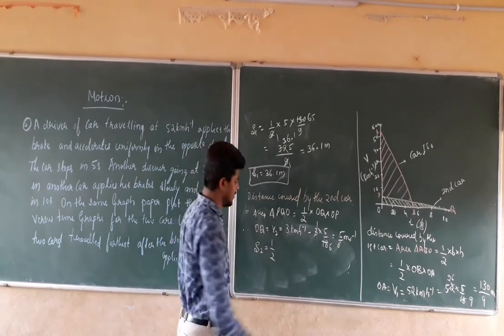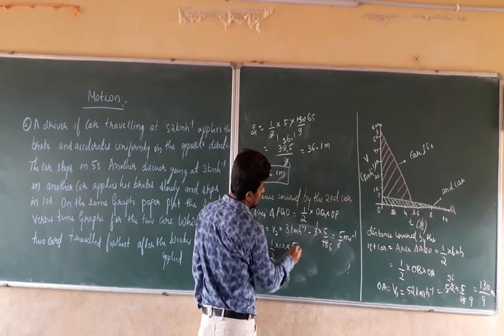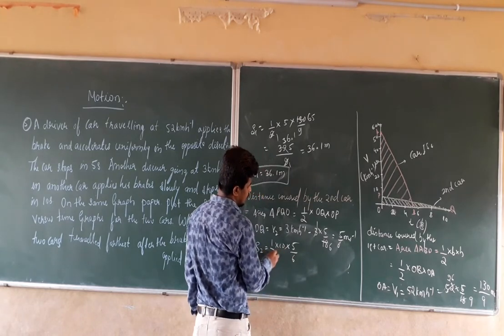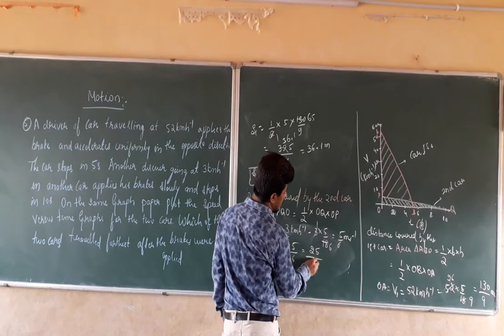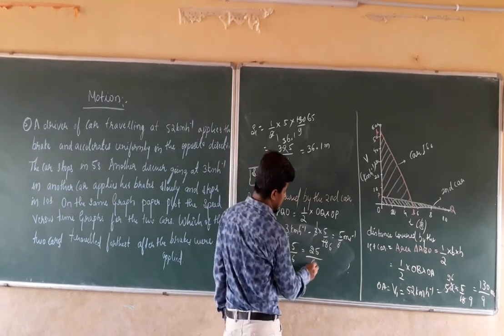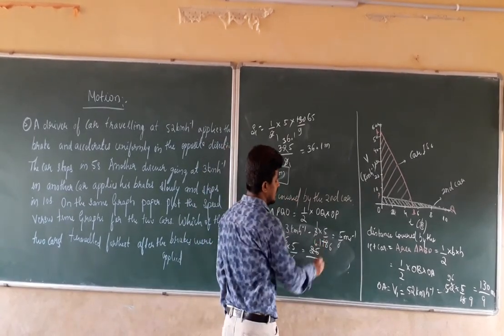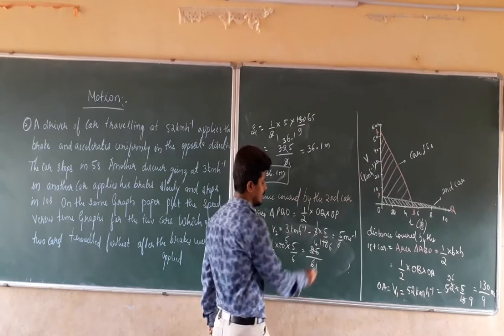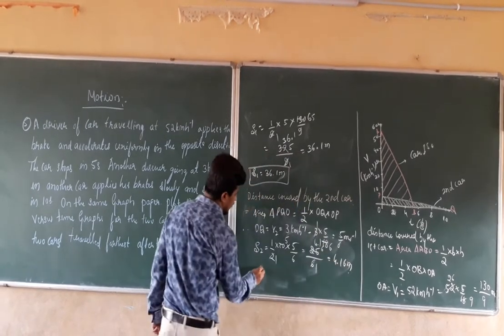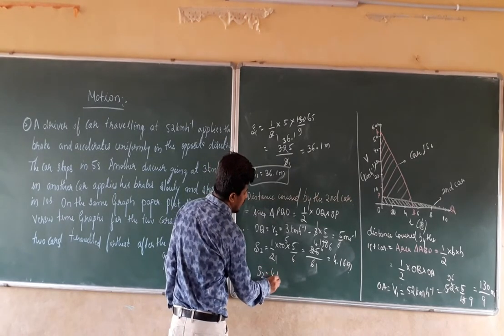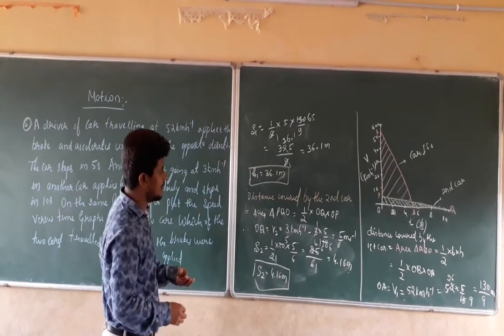That is nothing but the time taken, which is 10, into the value of V2, which is 5 divided by 6. 2 5s are 10, 5 5s are 25, so it is 25 divided by 6. 6 4s are 24, remainder 1, and so the value becomes 4.16 meters. Therefore, S2 equals 4.16 meters.